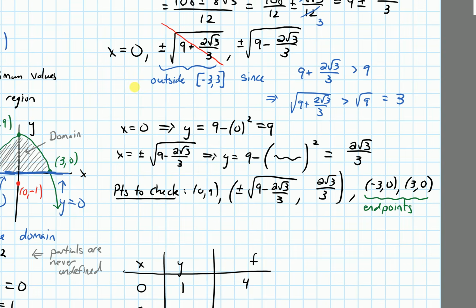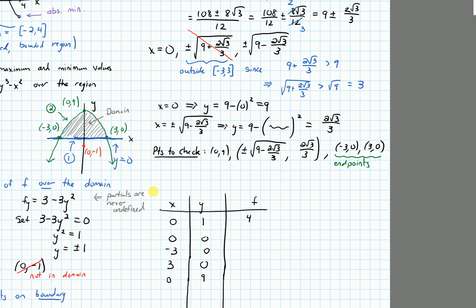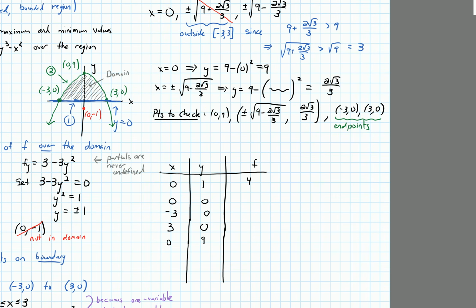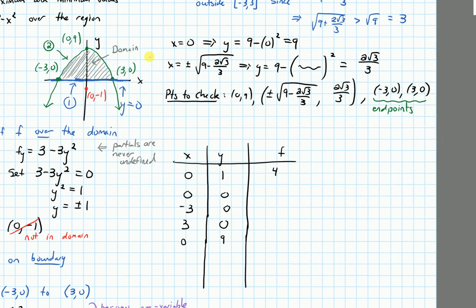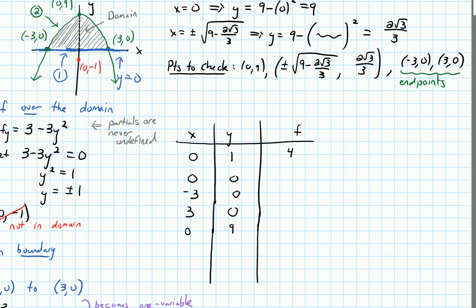Okay, so let's add these points to the table. Well, I already put 0, 9. Okay, so let's do the next one with the square roots. So we could have x as the positive square root of 9 minus 2 root 3 over 3. Or it could be the negative root 9 minus 2 root 3 over 3. And the y value for both of them was 2 root 3 over 3.